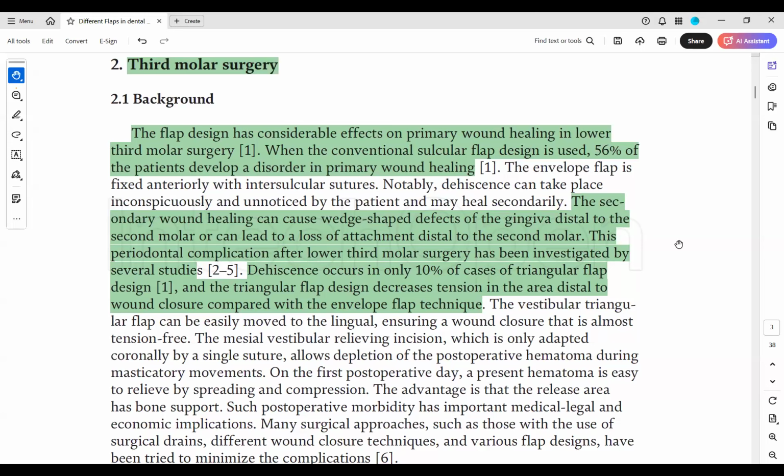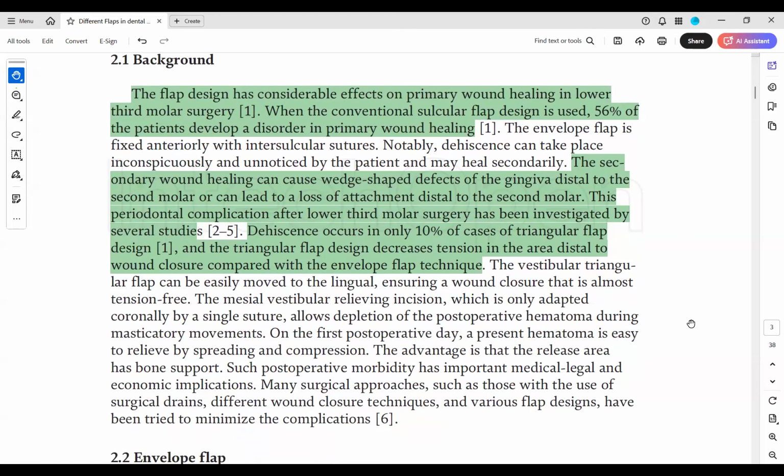Now, there can be various designs suggested, and the options given could be envelope, triangular, modified triangular, semilunar. Basically, the most preferred flap designs in third molar surgeries are your envelope and triangular flap, right? There are certain limitations and complications of both kinds, but the one which works best for the patient is your triangular flap.